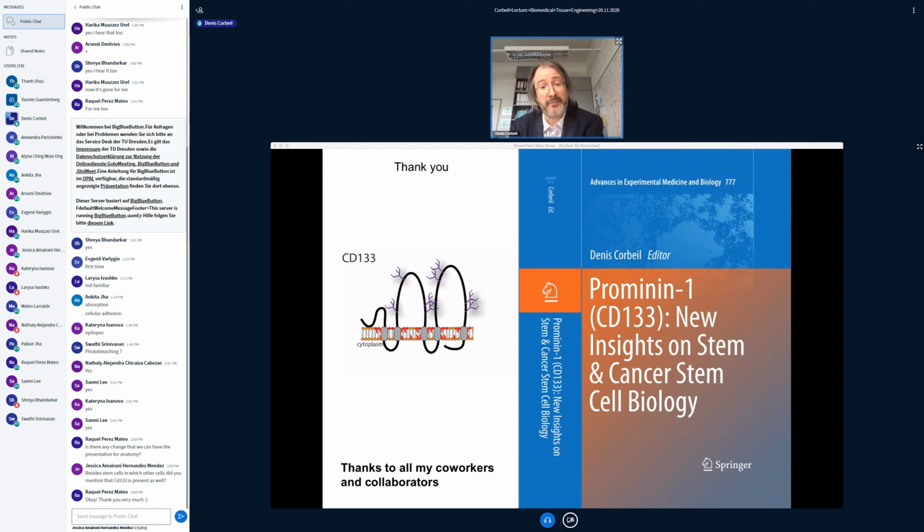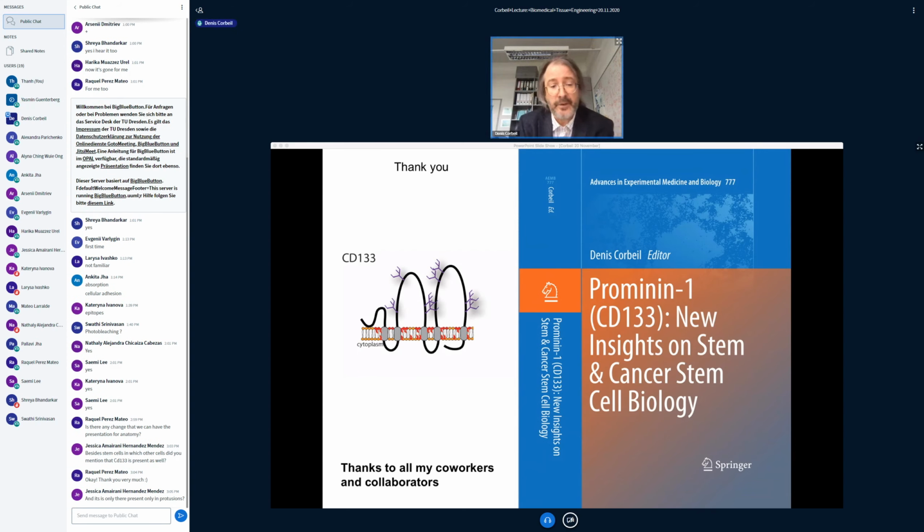Astrocytes also express prominin-1. So many cell types indeed express it. That's why you need to be very careful. If you want to target stem cells which express prominin-1, you need to be very careful because other normal cells express it. So if you come with an antibody which has something to kill a cell attached to it, you may kill normal cells. That's why people need to think about that.